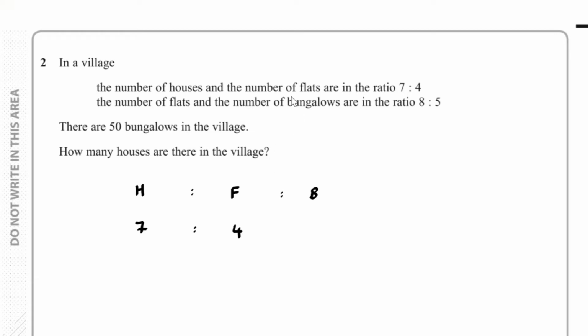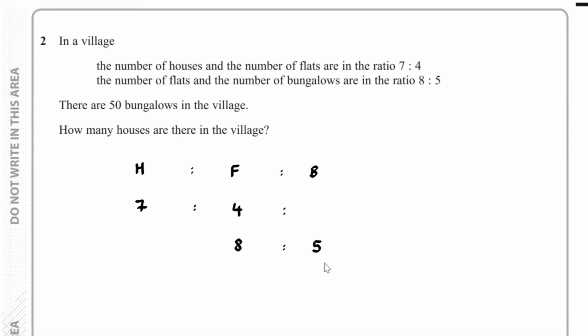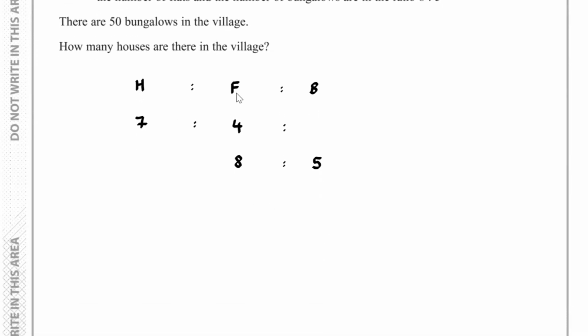The ratio of flats to bungalows is 8:5. Now, to find the ratio houses to flats to bungalows, we need to make the flats the same, and that's because it's common to both houses to flats and flats to bungalows.